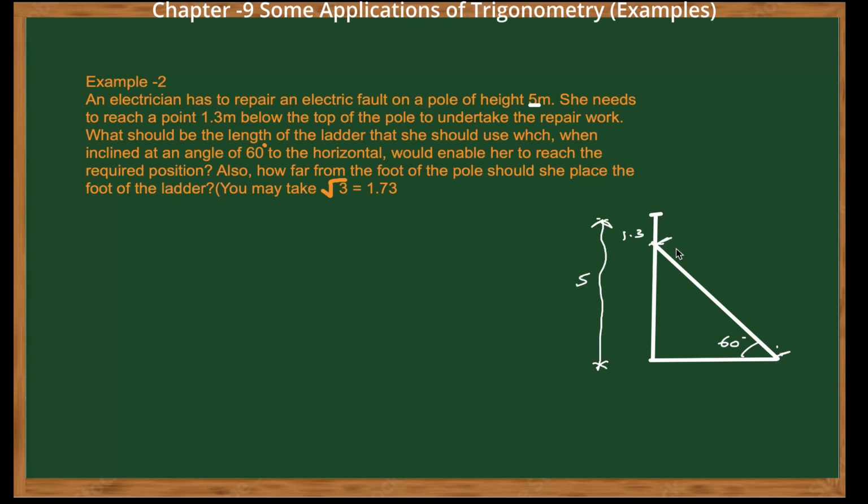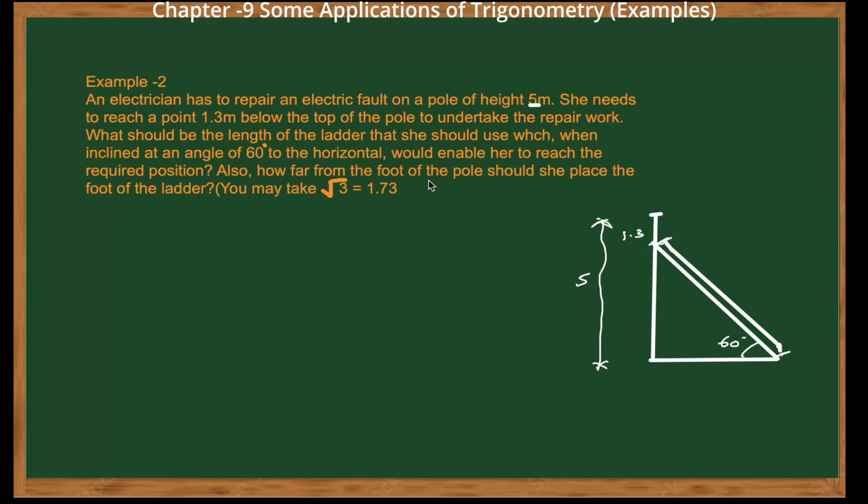So the length of this ladder needs to be found. Okay, and it says it would enable her to reach the required position. The required position is this one, 1.3.